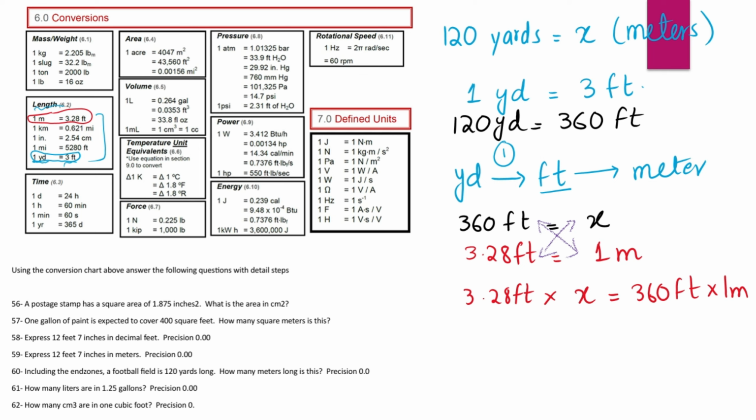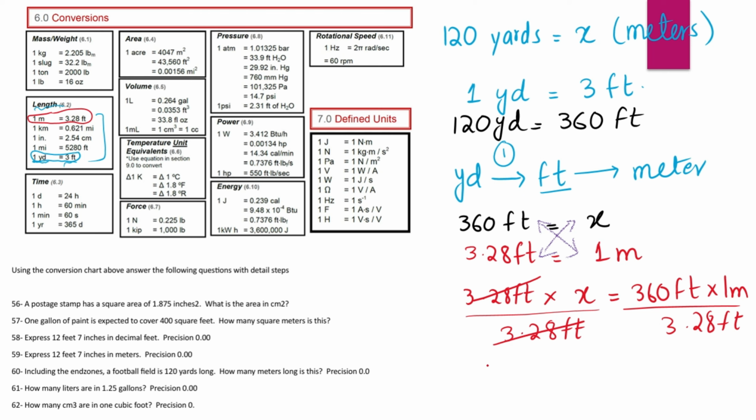We need to find x, so we need to isolate x. For that we need to divide both sides by 3.28 feet. This 3.28 feet on the left hand side will be cancelled by this 3.28 feet, so on the left hand side you are left with only x.